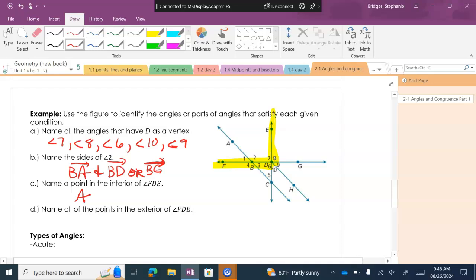And then the next question is talking about the same angle, but it wants you to name all of the points on the exterior. So I'm going to keep that highlighted there. I want you to name all of the points on the exterior of that angle. There are three of them. Okay, the exterior. We named the interior. We said that was point A. What we want to know is what points are on the exterior.